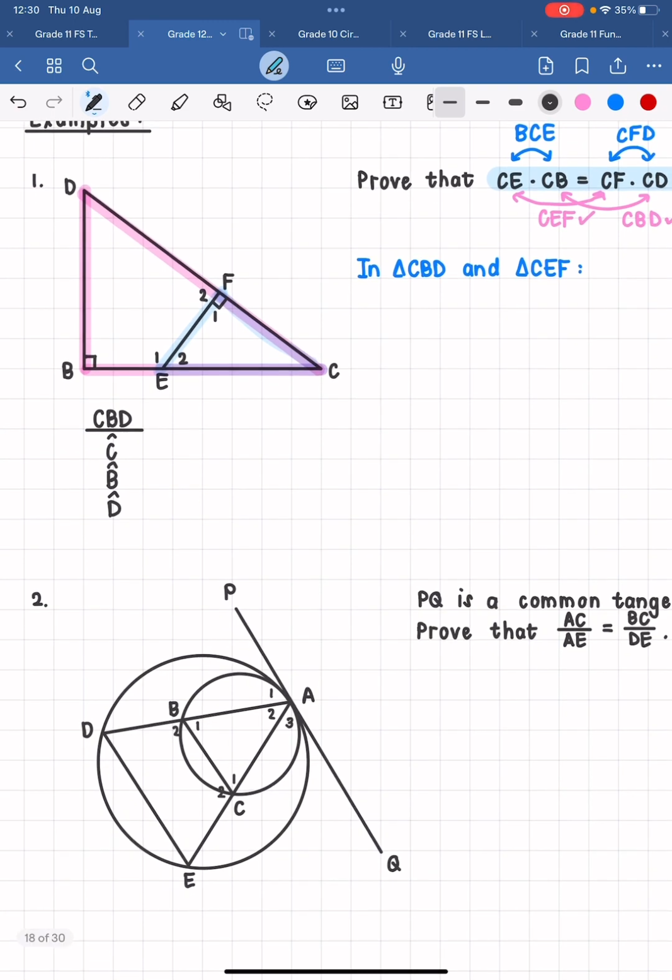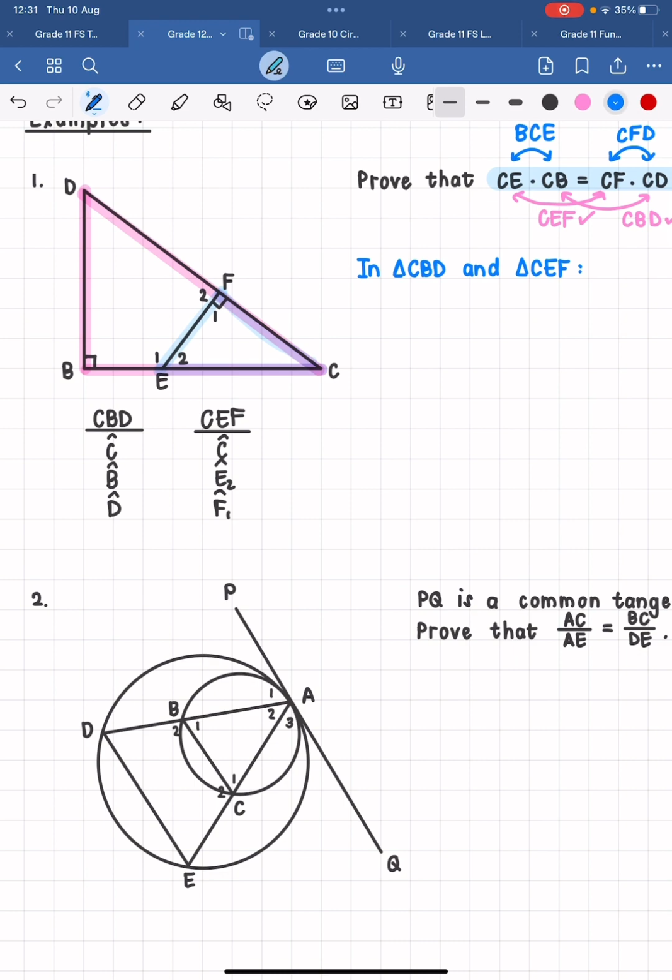I think it's useful if the triangles are not easy to prove similar. So then CEF is the other one. So in triangle CEF, what are my three angles? We have angle C, we have angle E2, and angle F1.